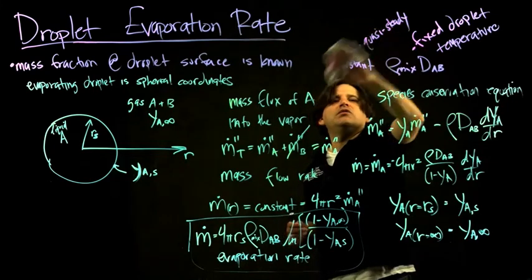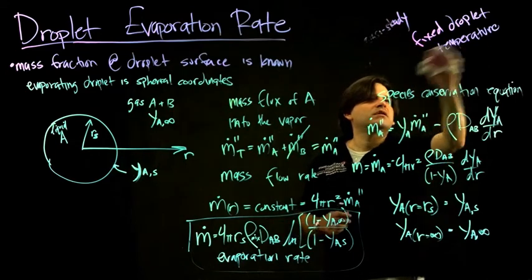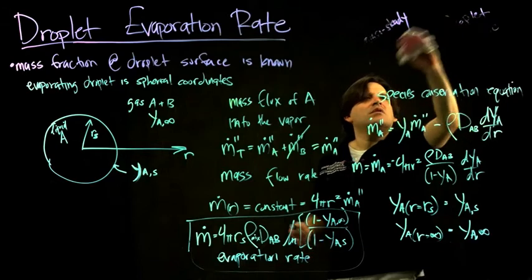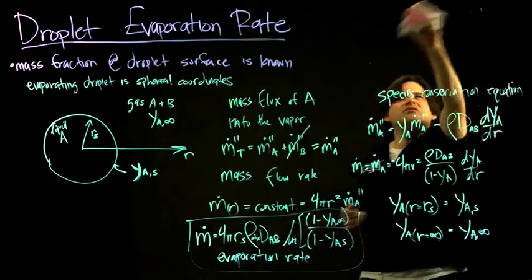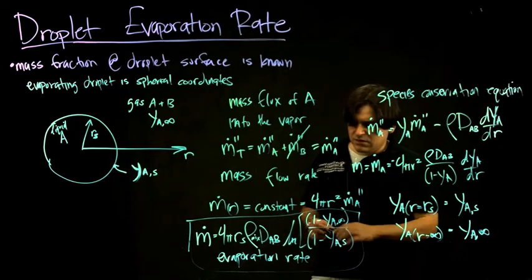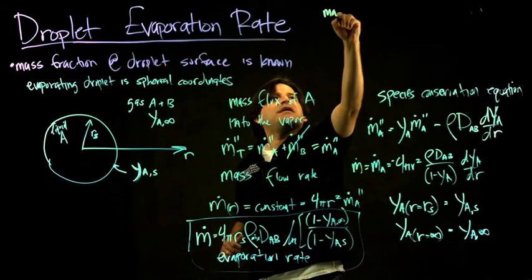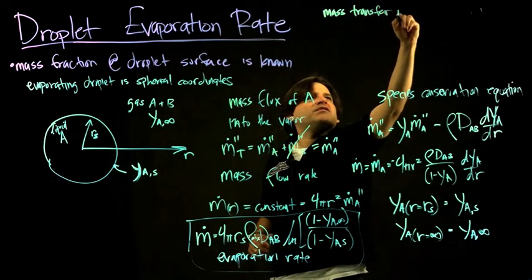We can define these new parameters to express this in a more compact form where these parameters capture the physics of the situation. So we can define a mass transfer number.